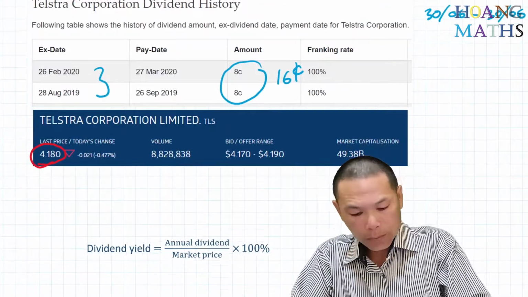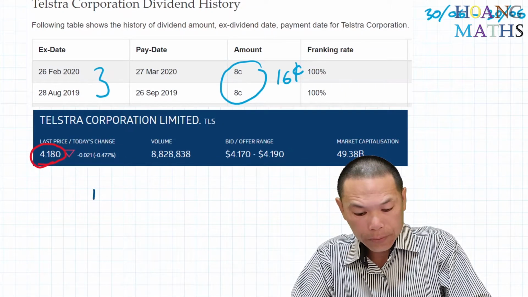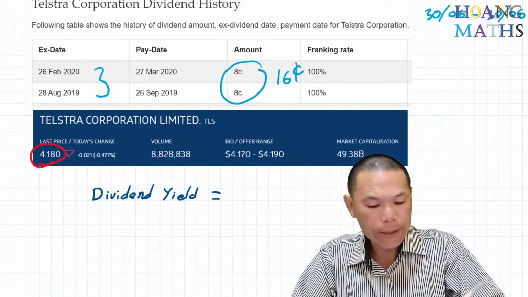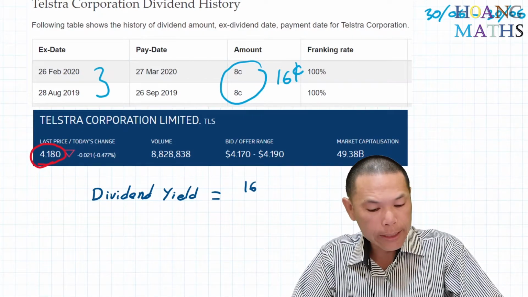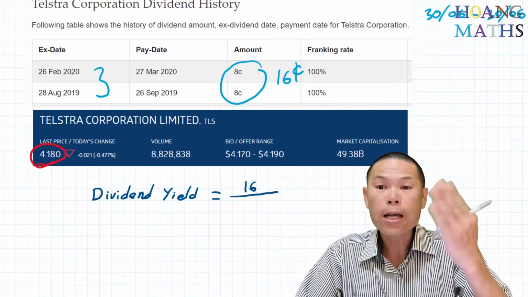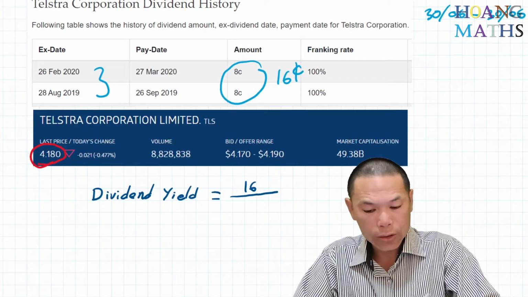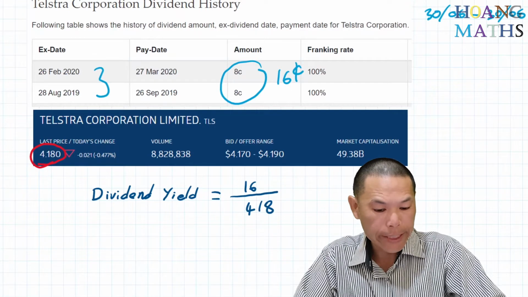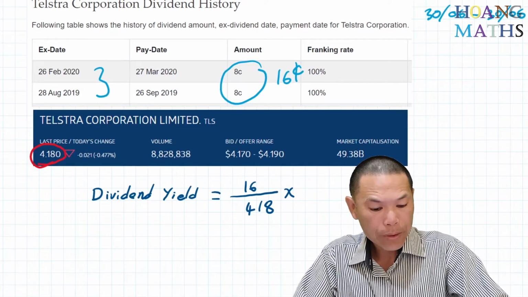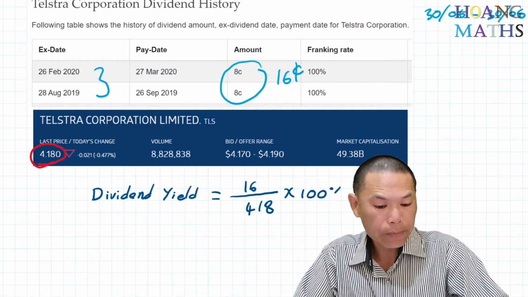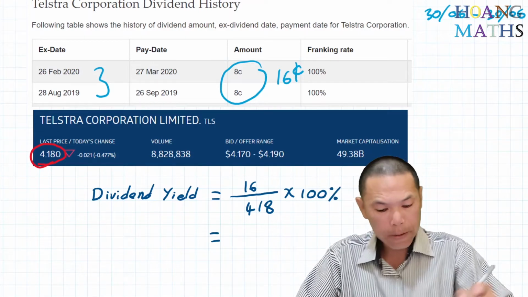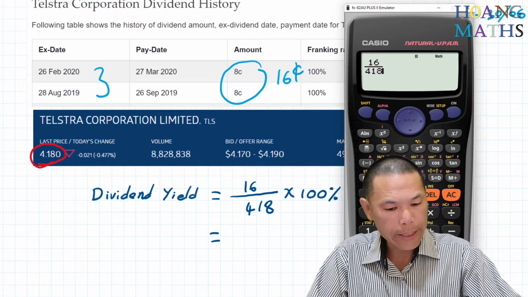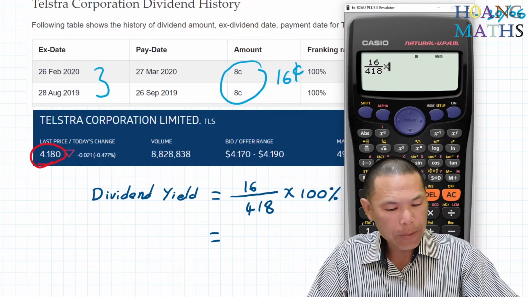So the dividend yield is equal to the dividend, 16 cents, over the market share price, 418 cents, times 100%. So I just go 16 over 418 and times by 100.